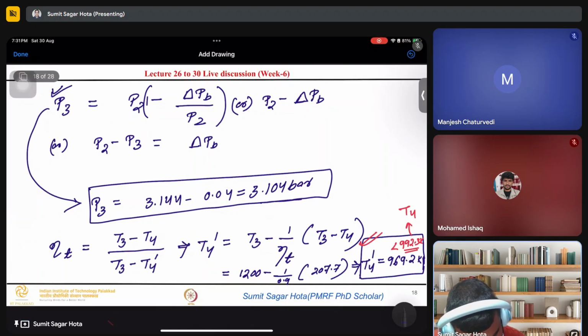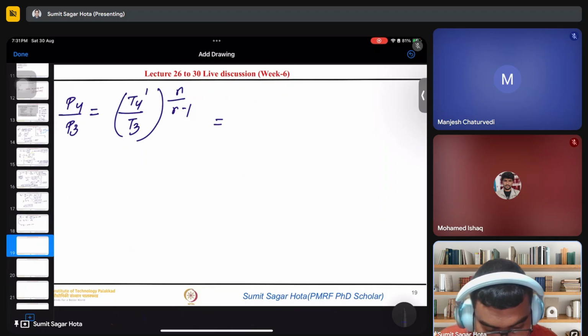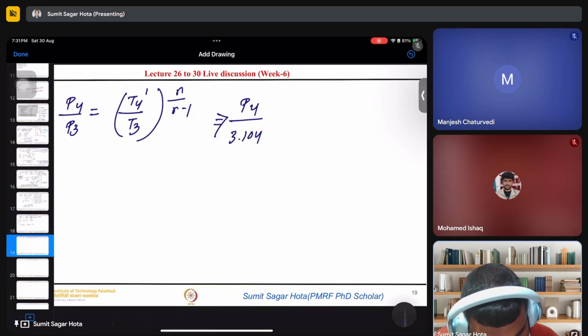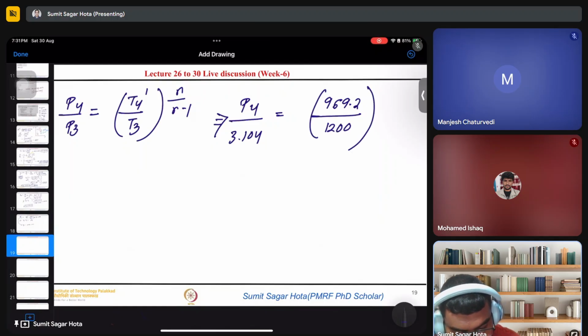Here is P3, right? 3.104. Just substitute. P4 by 3.104 is equal to 969.2 divided by T3, which is 1200 Kelvin, to the power gamma by gamma minus 1.